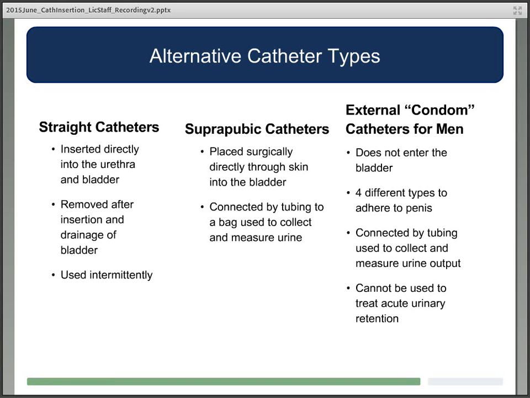Suprapubic catheters are surgically placed through the skin into the bladder and also connect to a collection bag by tubing. And finally, external condom catheters attach over the penis using an adhesive. And because they're used for residents who can void, they are not appropriate for treating urinary retention.